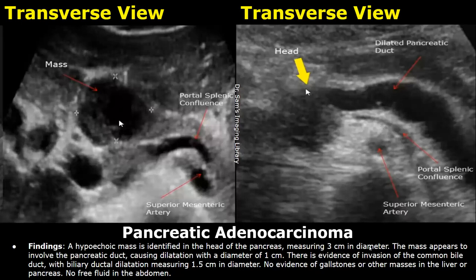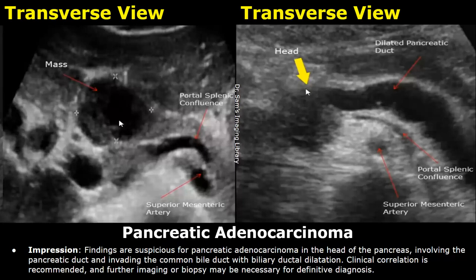If the pancreatic duct is dilated, you must mention it and write its size as well. In this example, there was also invasion of the common bile duct with biliary ductal dilatation measuring 1.5 centimeters in diameter.